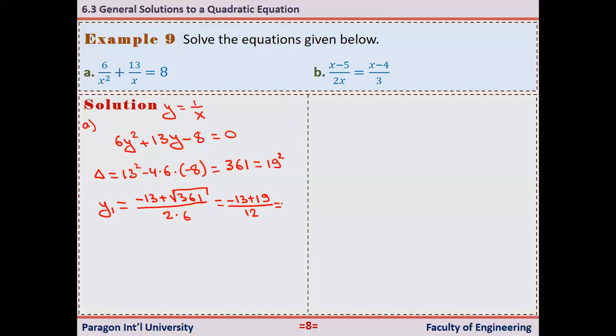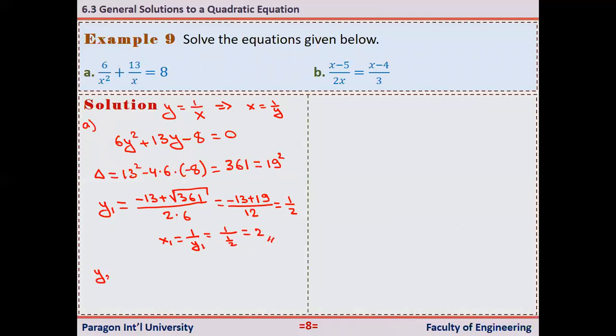That's equal to negative 13 plus 19, it is 6. 6 over 12 is equal to 1 over 2, right? Now from here, we can get x1. What is x1? That means that x equals 1 over y. So that's equal to 1 over y1, which is equal to 1 over 1 over 2. That's equal to 2. That's our first solution.